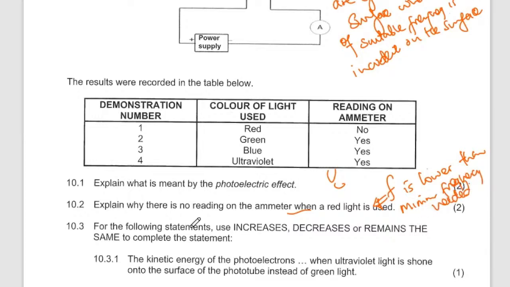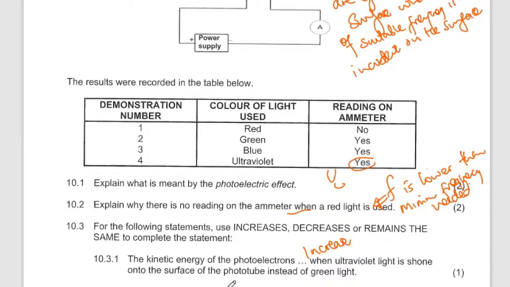Then for the following statements, use increase, decrease, and so on. The kinetic energy of the photoelectrons when an ultraviolet light is shone on the surface: in this case, we're just going to say increase. Ultraviolet, and the reading is a yes, so it increases.